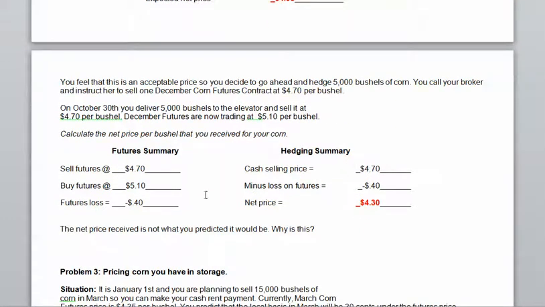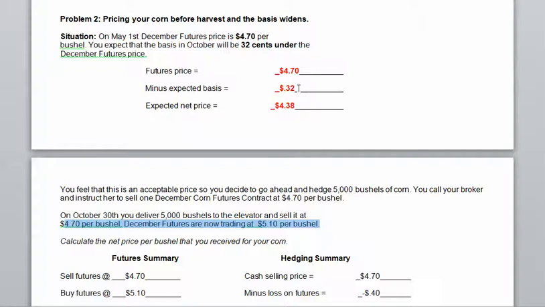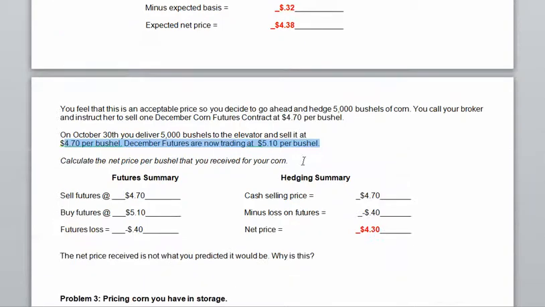In this example though, futures price was $5.10. Well, look right here. December futures is trading at $5.10 and cash price is $4.70. That means the basis was 40 cents. 40 cents is 8 cents bigger than what we predicted at 32.